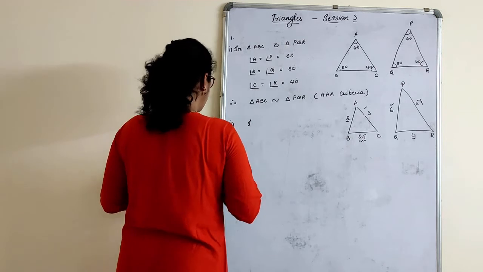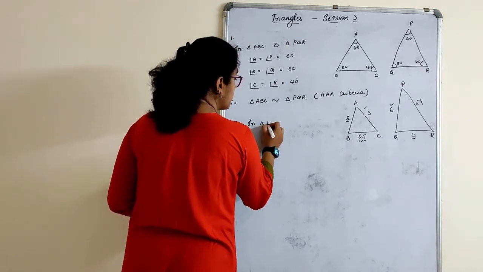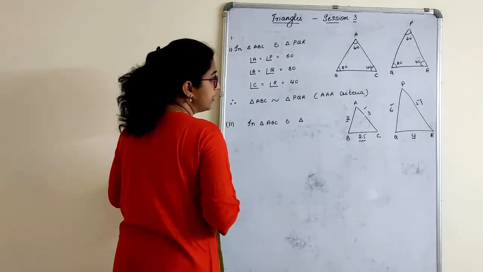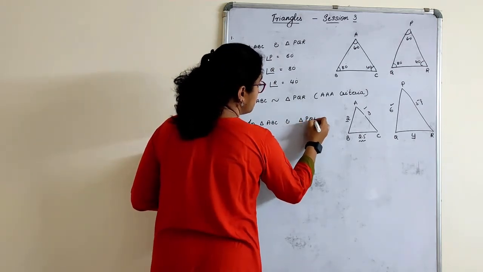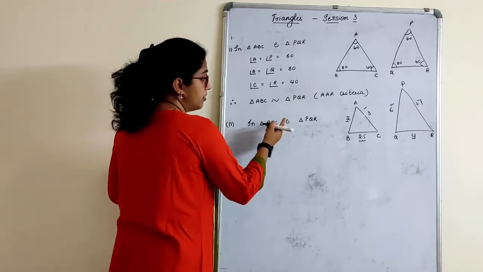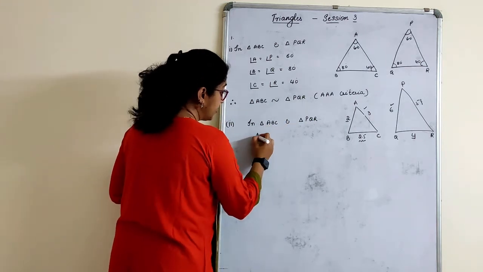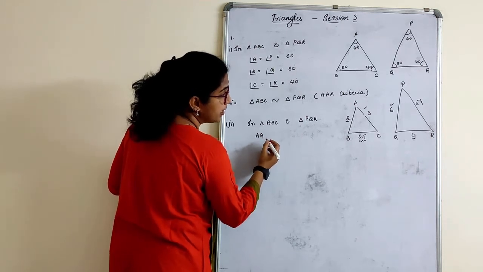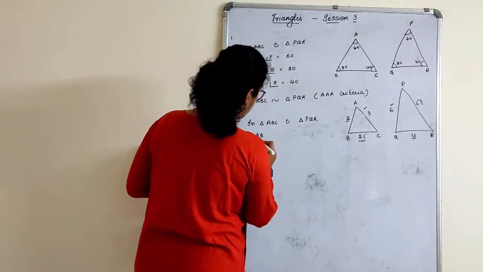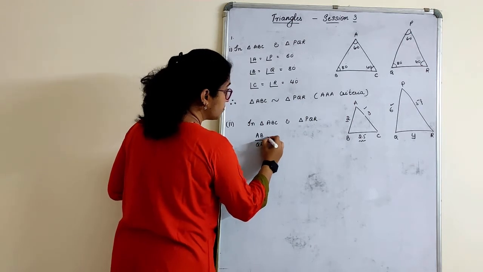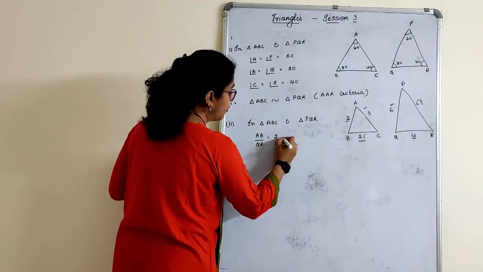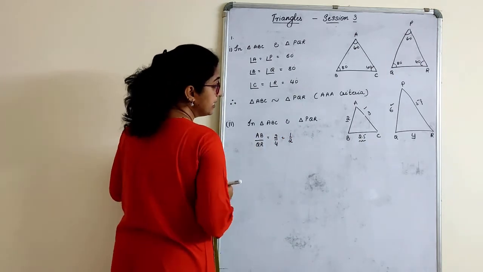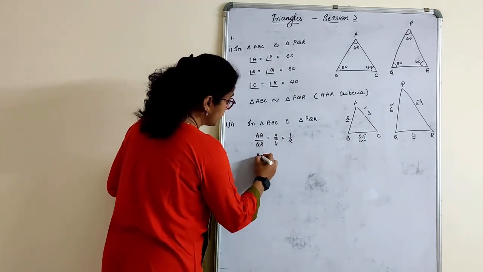So in triangle ABC and triangle PQR, let me write the proportional sides first. Let us check AB upon which one we told? AB upon QR, that is equal to 2 by 4, which is nothing but 1 by 2. Let us first find the sides. Next side is AC.